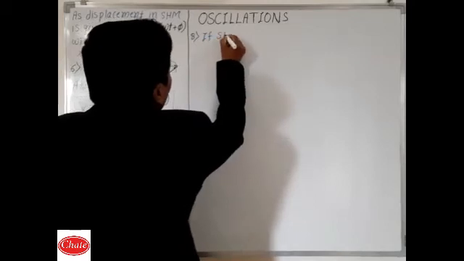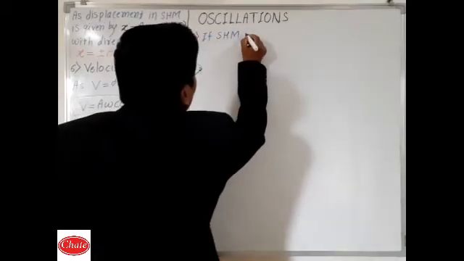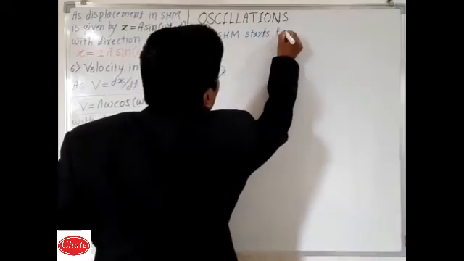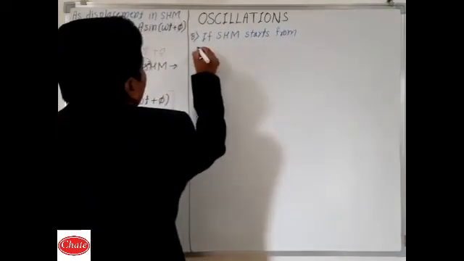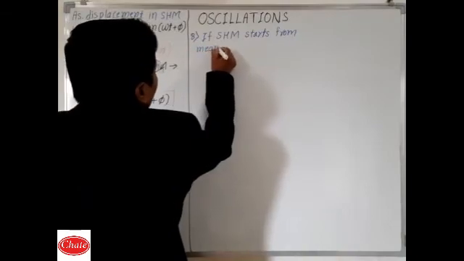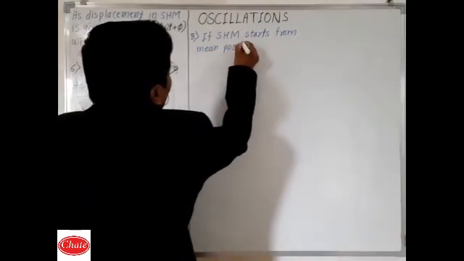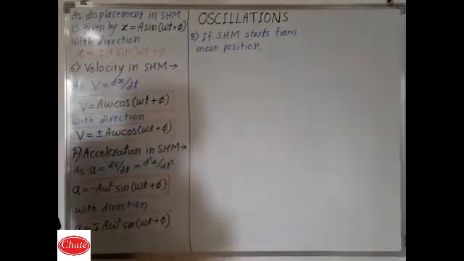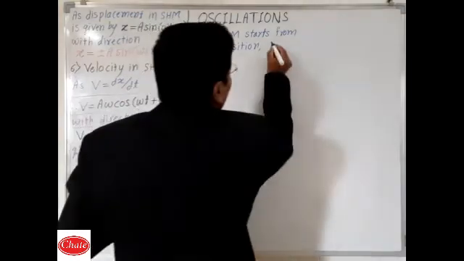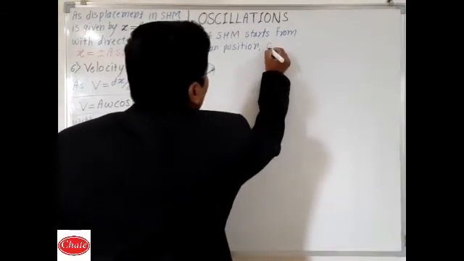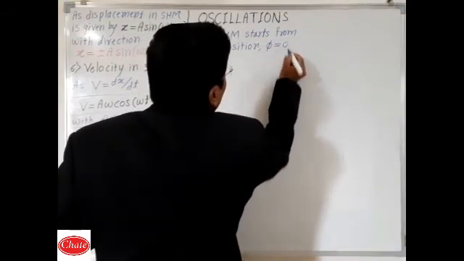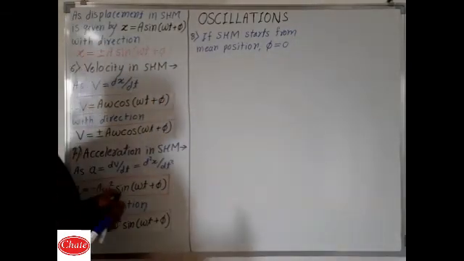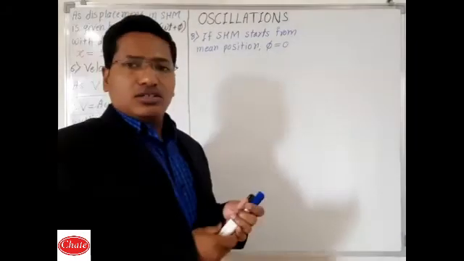If SHM starts from mean position, phi is equal to 0. हे खूप महत्वाचं. phi is equal to 0. जर SHM mean position पासून स्टार्ट झाली तर phi काय येतं, 0 येतं.